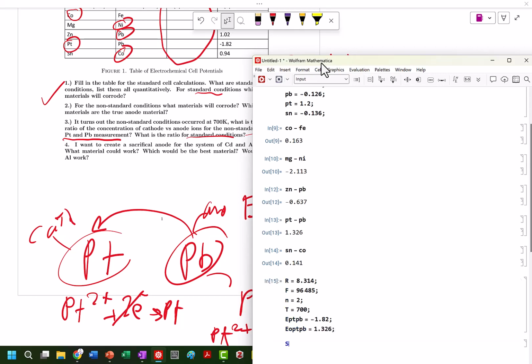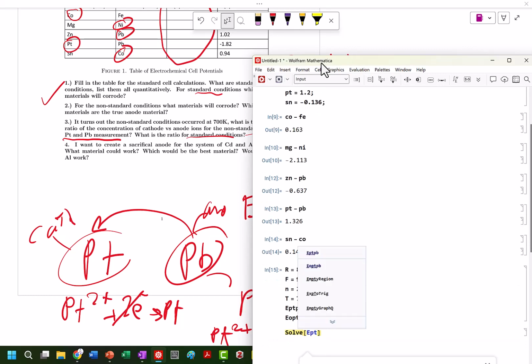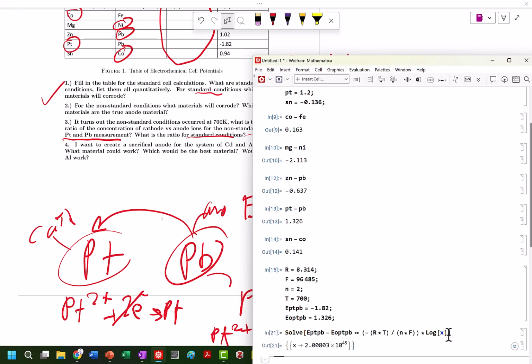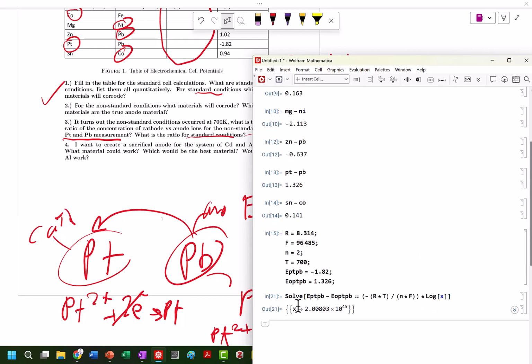So we're going to solve E Pt-Pb minus E naught Pt-Pb set equal to minus R times T divided by NF, times the natural log of X. People are probably going to be annoyed that I always do this. We can solve for X, and then just flip the ratio. So 1 divided by that will give us our answer for that ratio. Fantastic.